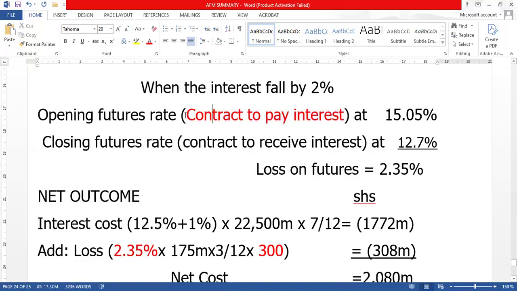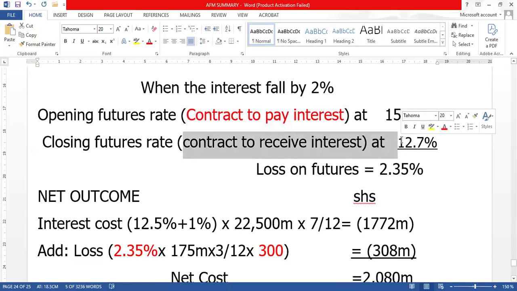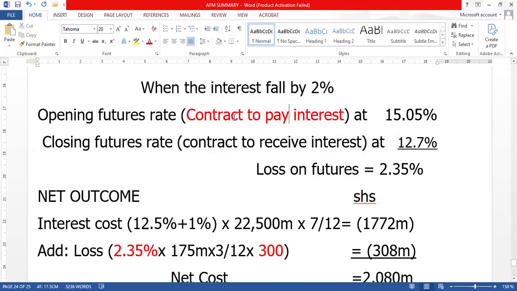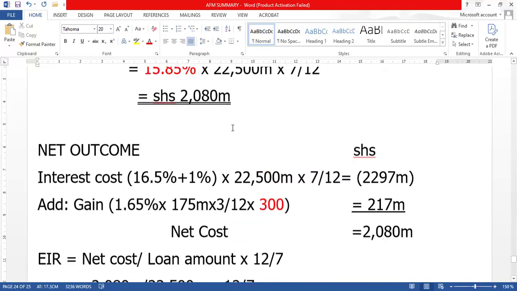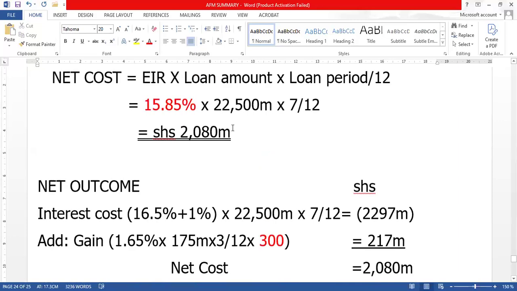Your opening futures will be an interest to receive. Then the closing will be an interest to pay. That will be the difference. Are we together?